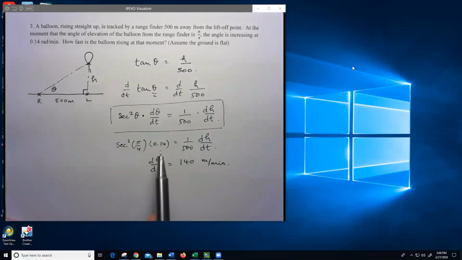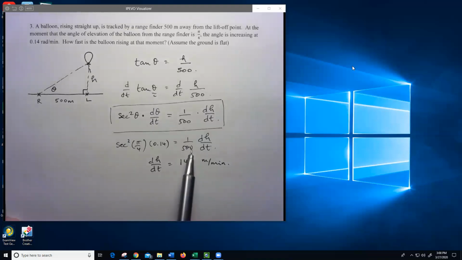So let's take a look at what we have here. So this represents radians per minute, okay? This here, the 500, when you multiply it to the other side, you get meters in the numerator. And this is where you have to remember that radians doesn't actually have a unit.